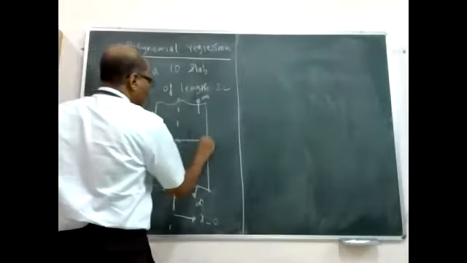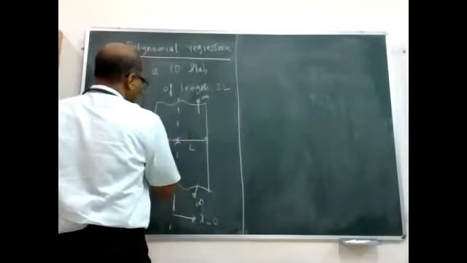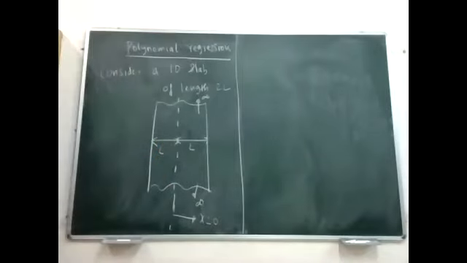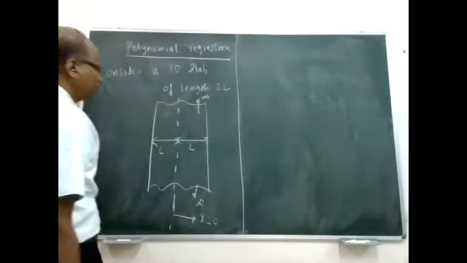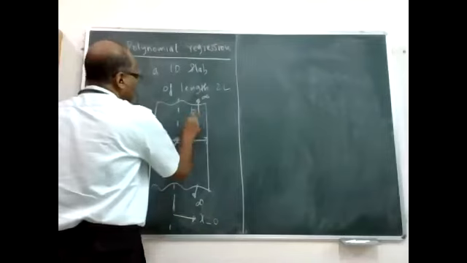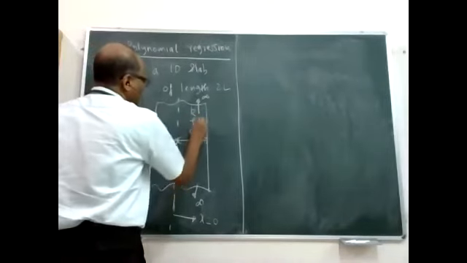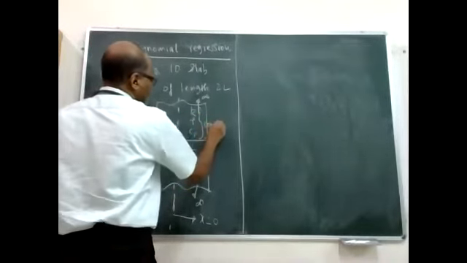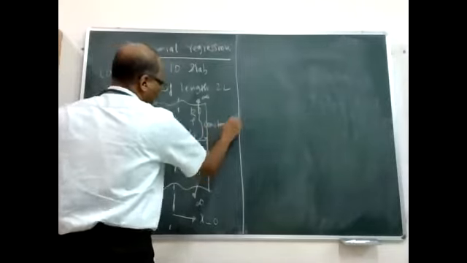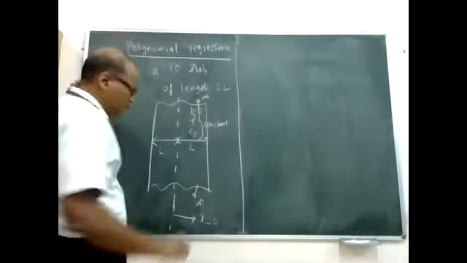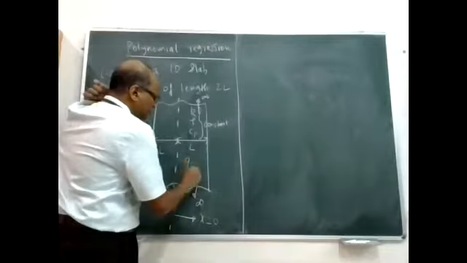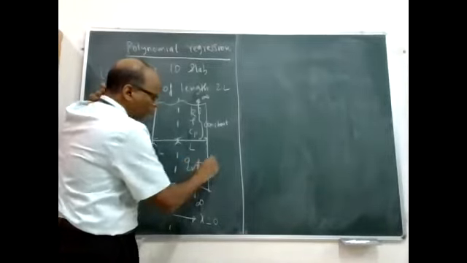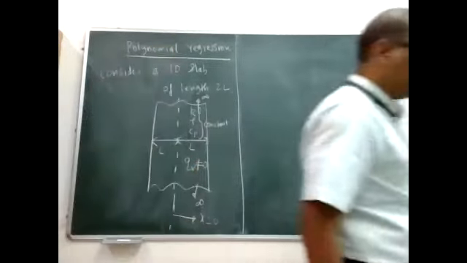So this is L. This is L. Okay. Let us say that K, rho, Cp are all constant. However, there is a heat generation within the slab. QV is not equal to 0.